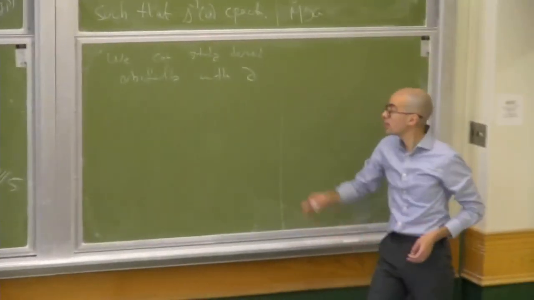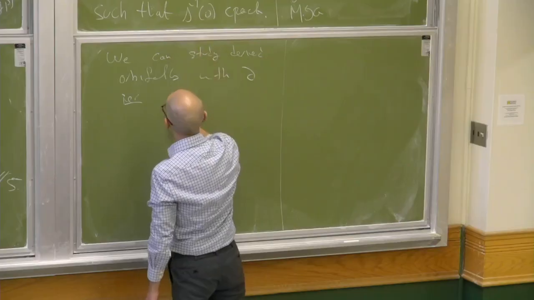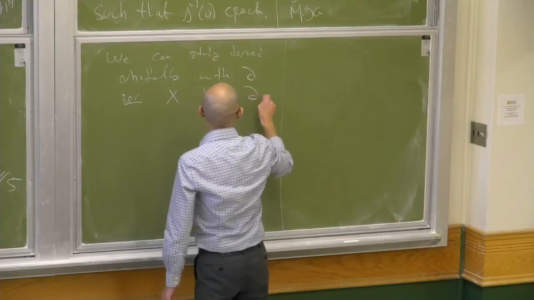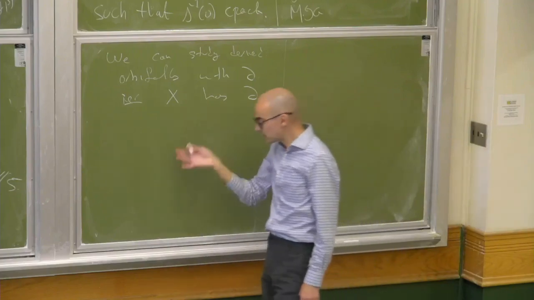Okay. So we can study derived orbifolds with boundary. That just means X has boundary, and then everything restricts. And so there is some kind of naive definition.